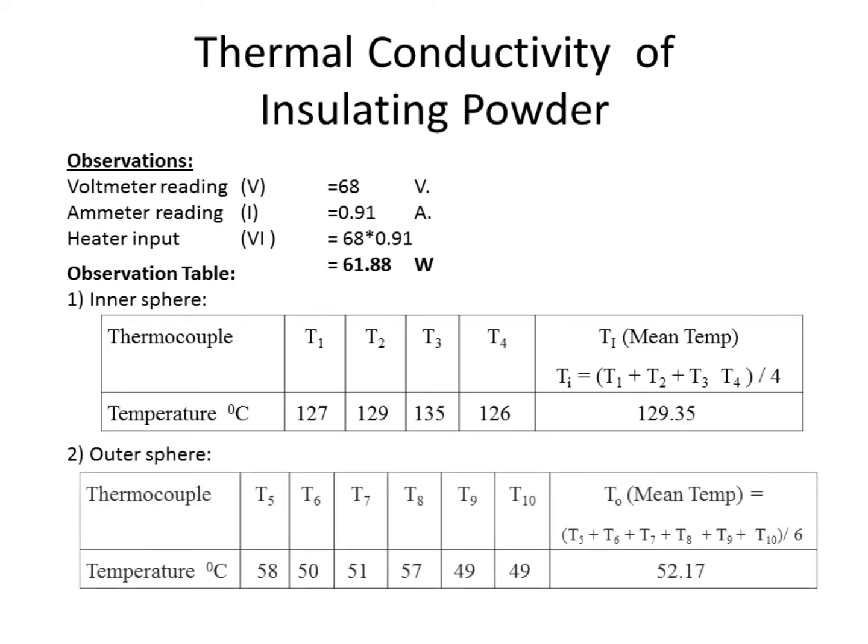For the outer sphere, temperature readings are T5 58 degree Celsius, T6 50 degree Celsius, T7 51 degree Celsius, T8 is 57 degree Celsius, T9 49 degree Celsius, and T10 49 degree Celsius. So the average temperature of these 6 thermocouples is 52.17 degree Celsius.